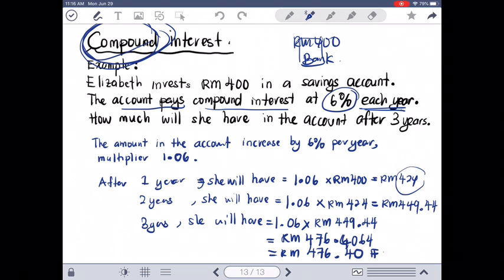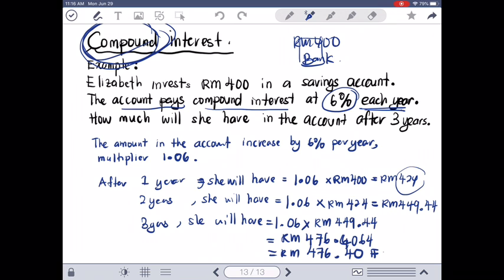Imagine if you have 4 million. If Elizabeth put 4 million in her bank, by the end of the 3rd year she will have an extra 760,000, I guess.